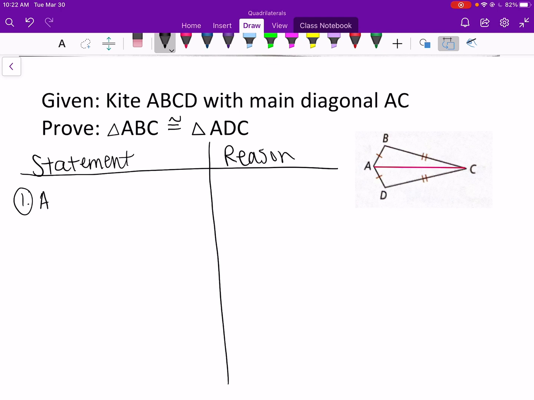I know that AB is congruent to AD, and that was given to us from the picture and the fact that we know it's a kite. We also know that BC is congruent to DC.